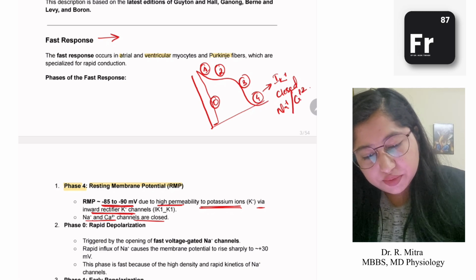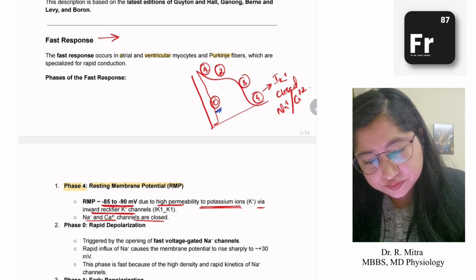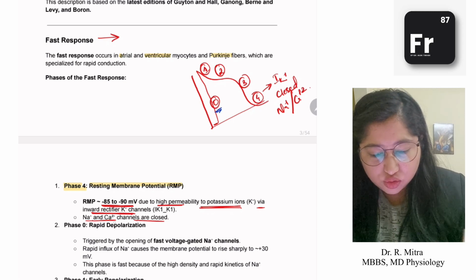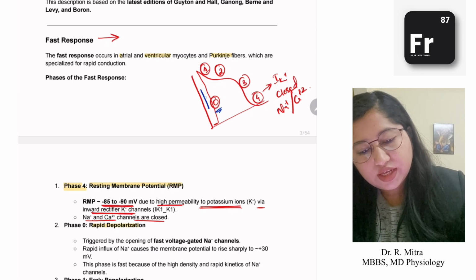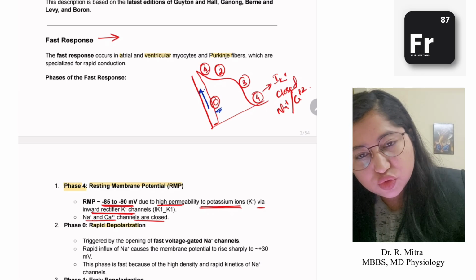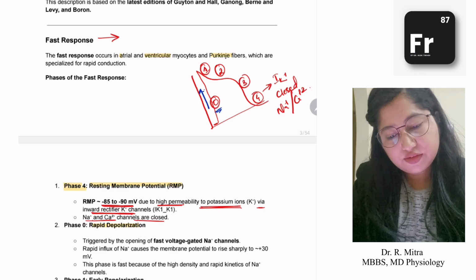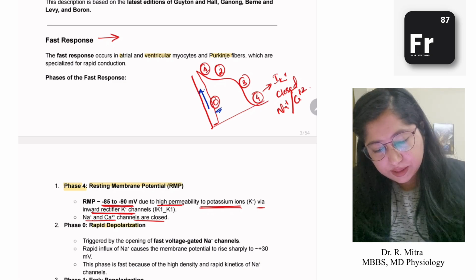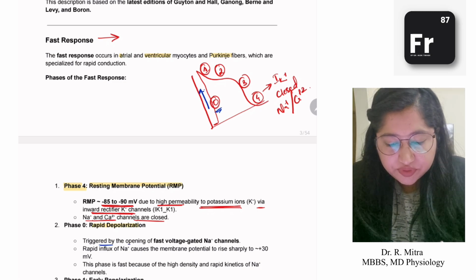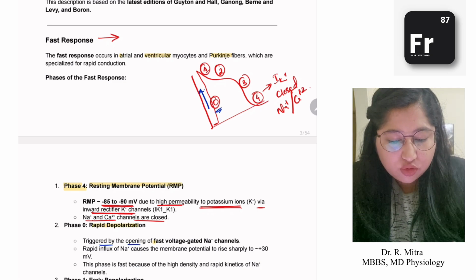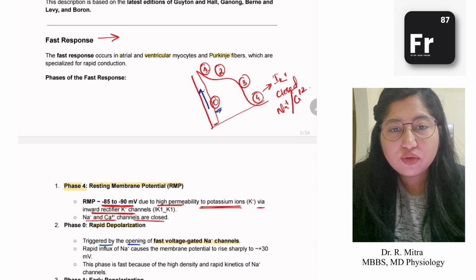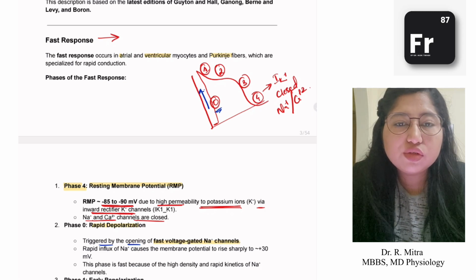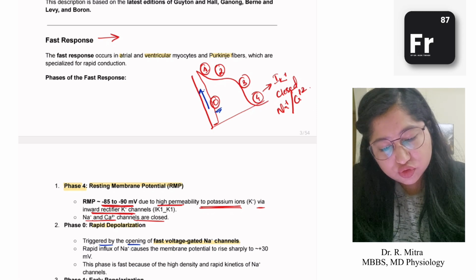Now coming to phase 0. Here is the phase 0. Phase 0 is the phase of rapid depolarization, as you can see by the rapid upstroke of the curve. It is triggered by opening of fast voltage gated sodium channels.